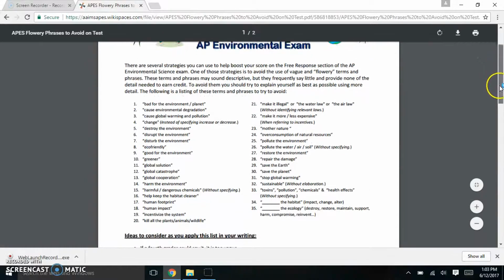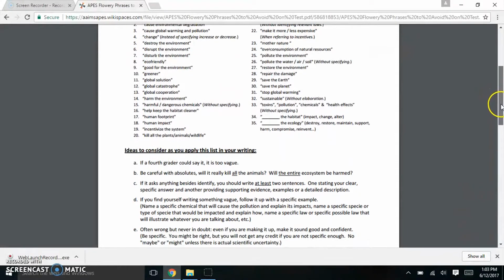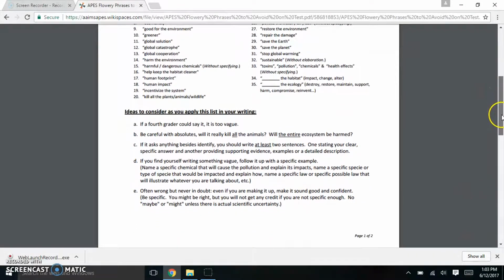Now below, ideas to consider as you apply this list in your writing. If a 4th grader, as I said earlier, at elementary, can say it, it's too vague. Be careful with absolutes. Will it really kill all the animals?